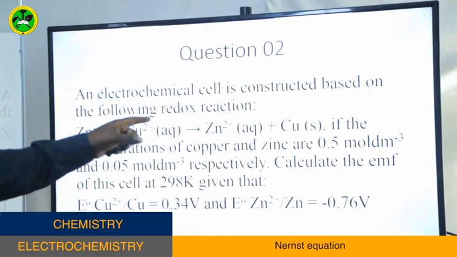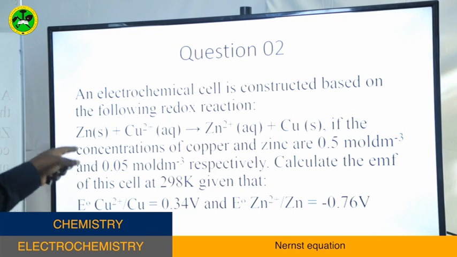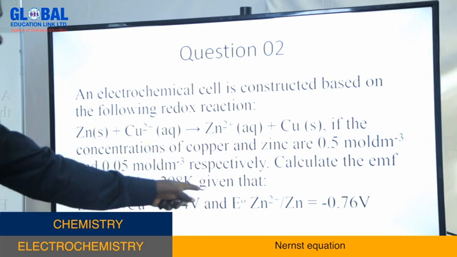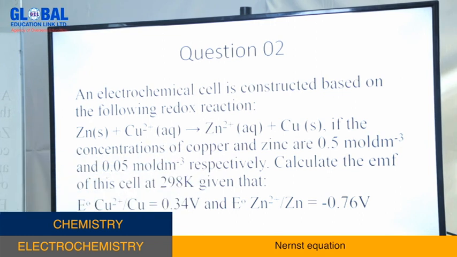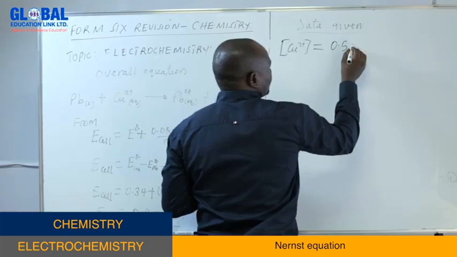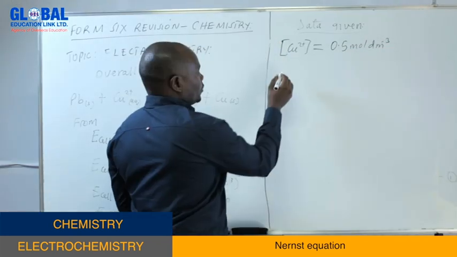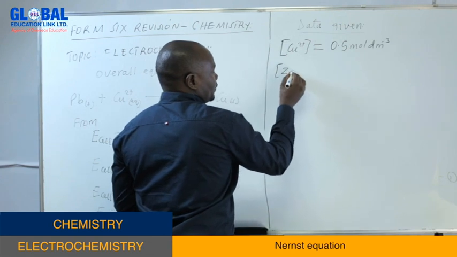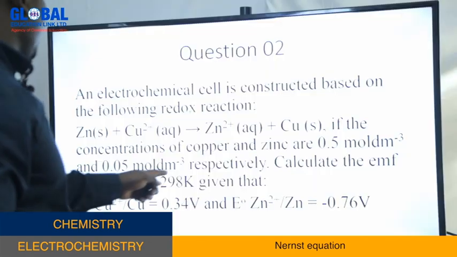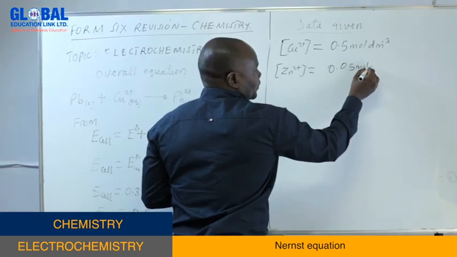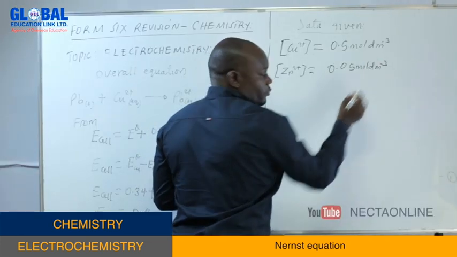So data given, we have the concentration of copper, which is 0.5 moles per decimeter cubic. And also we have the concentration of zinc, which is 0.05 moles per decimeter cubic.